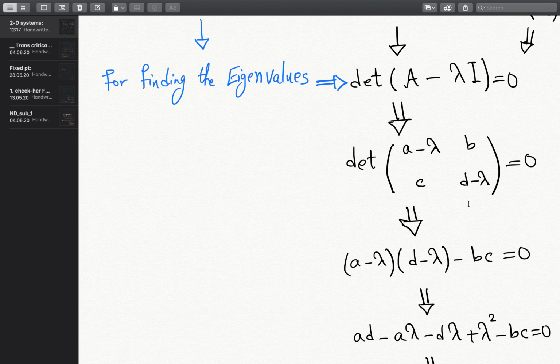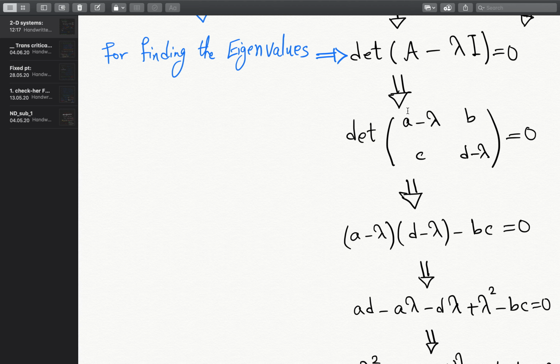But for finding the determinant of this, you will see that this A, B, C, and D is coming from A, and this minus lambda 1 and minus lambda 1, again here, is coming from minus lambda times the identity matrix. And the determinant of a 2 by 2 matrix like this is multiplying the elements on the diagonal of the matrix minus the multiplication of the elements on the off diagonal of the matrix.